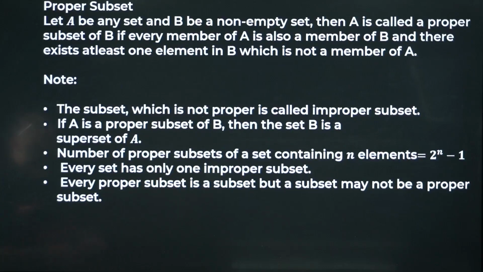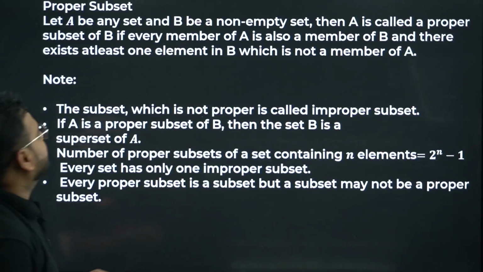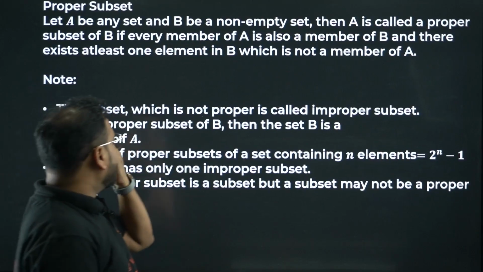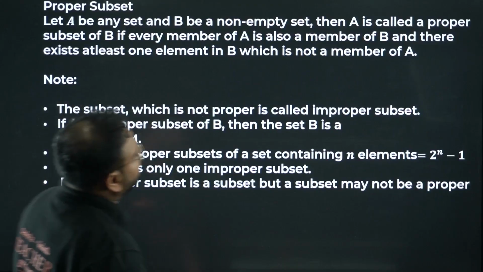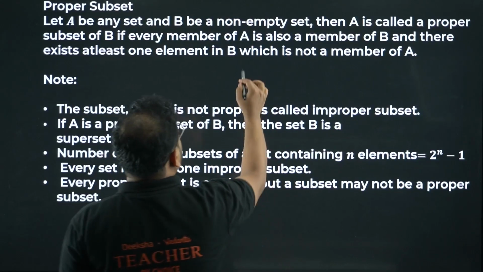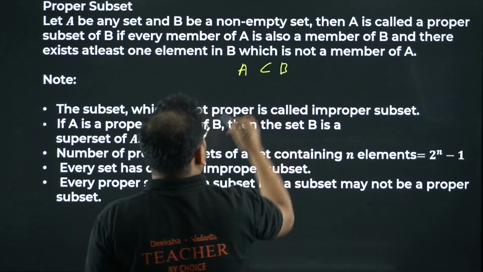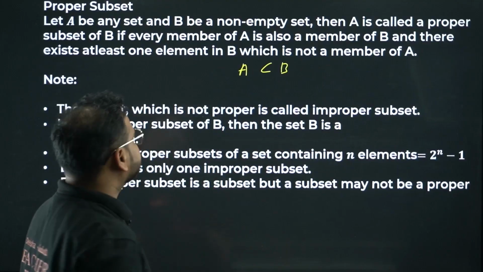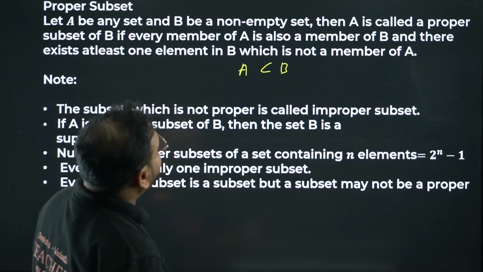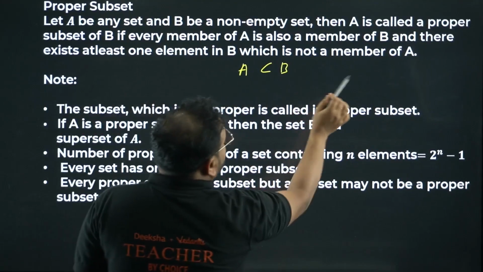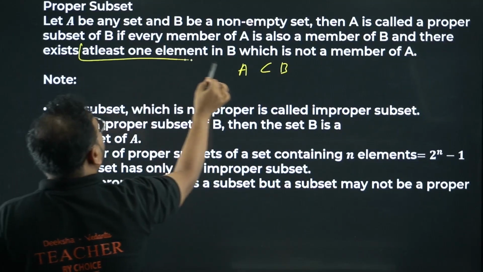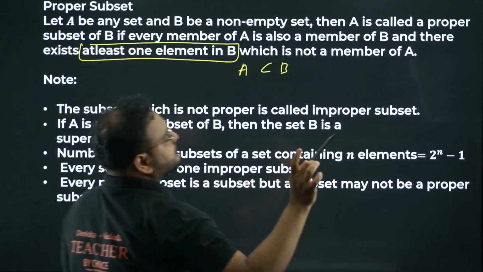Moving on, proper subset. We have a symbol for it, and we write it like this: A is a proper subset of B. It means there will be at least one element in B which is not present in A. That's how we define it.